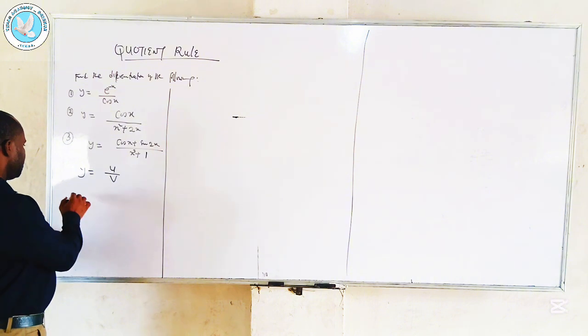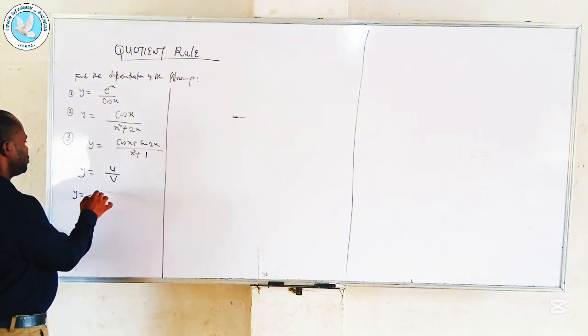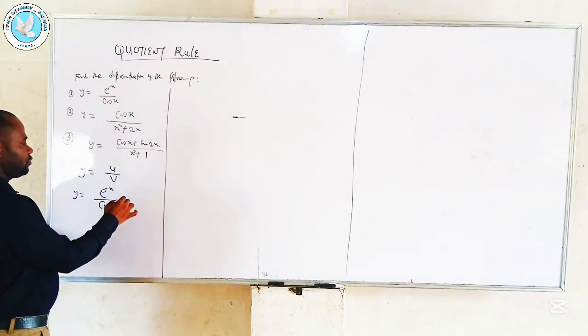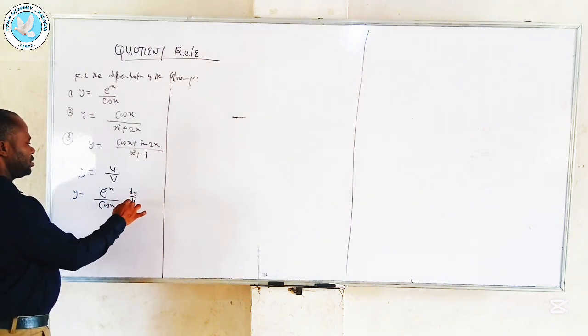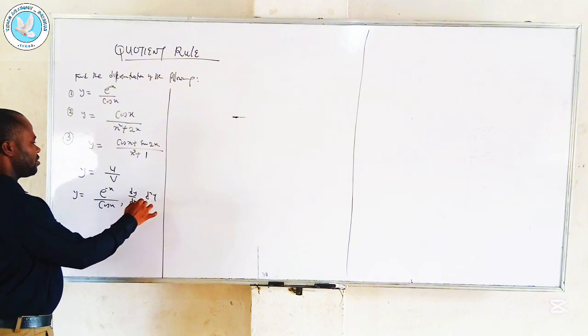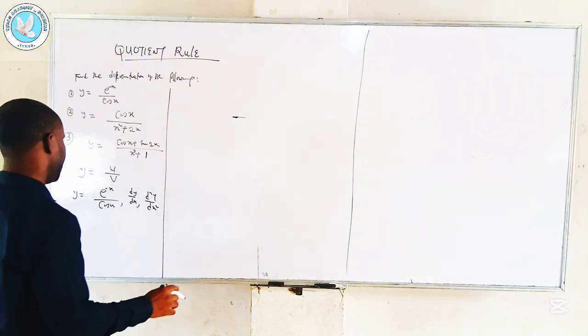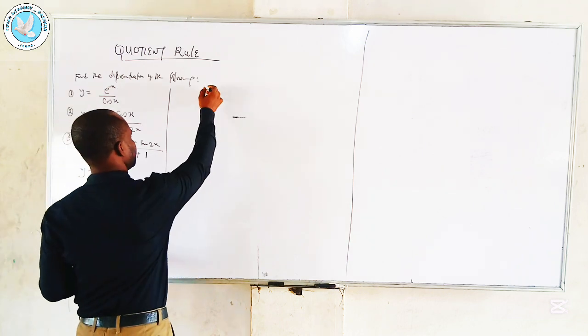So at this point, we have y equals exponential of minus x divided by cos x, and we are asked to look for dy/dx and also the second derivative of that. So let's see how we can establish this.